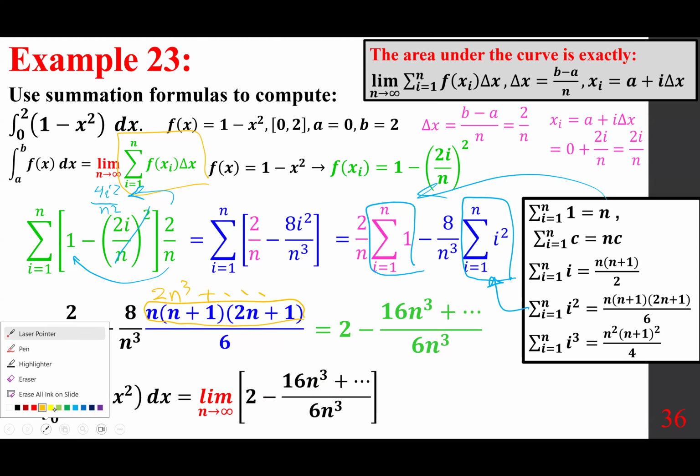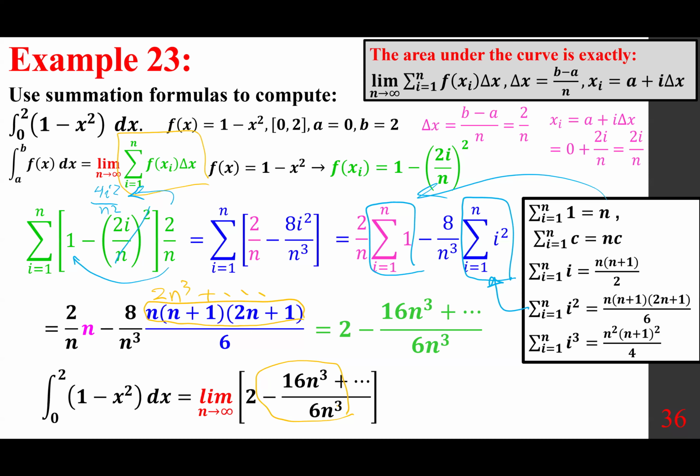And I hope you see that this part takes over. The rest go to 0 because the degree is less than n cubed. Remember, you are evaluating a limit, you divide by the highest degree term in the denominator, so that gives you minus 16. The rest of them don't do anything, so 2 minus 16 over 6.